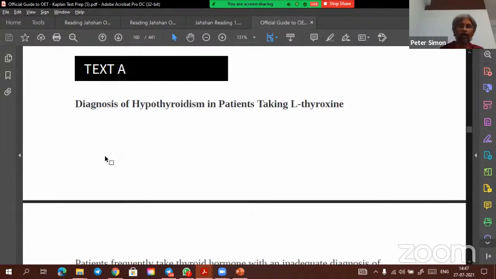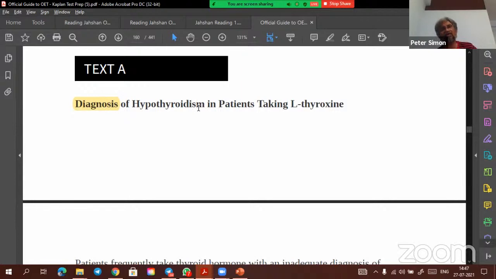This is called diagnosis. This is related to diagnosis. Number one, diagnosis of hyper. How to identify? That means indicator. That means prompts, pointers, signs, symptoms. How do you diagnose? Next one. Use the word diagnosis.